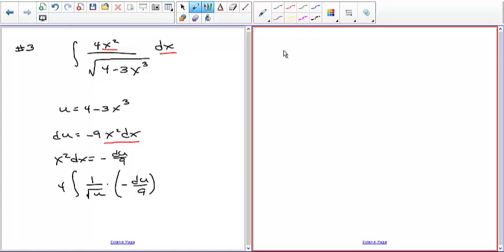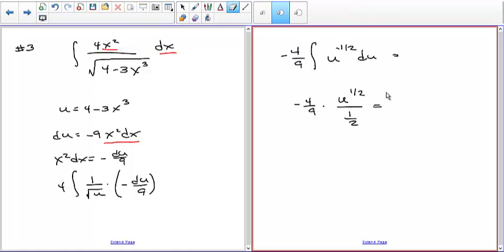Okay, so we factor out the negative, the 4 and the 9, and we rewrite this as to the 1/2 power and move it to the numerator. So it becomes u to the minus 1/2. It's 1 over u to the half, which is u to the minus 1/2 power. Now we integrate it, so you add 1 to the exponent, divide by the new exponent, plus add your arbitrary constant c at that point.